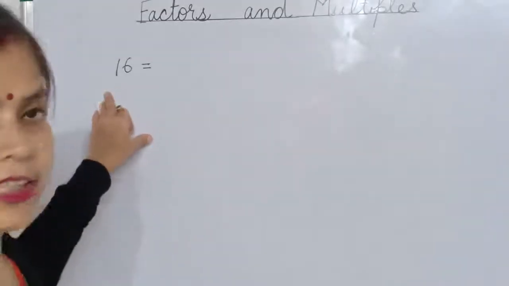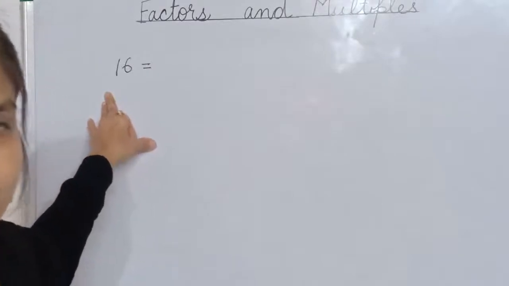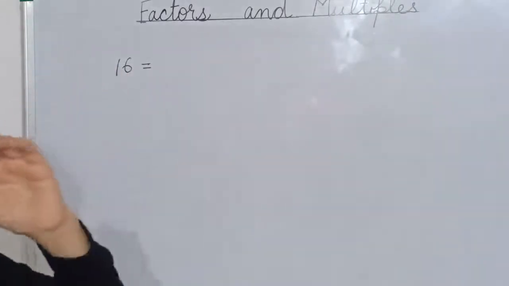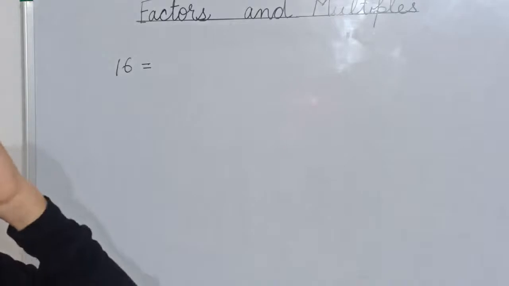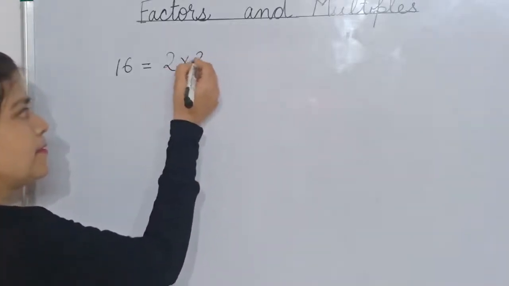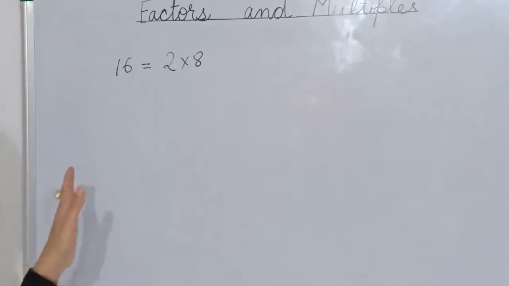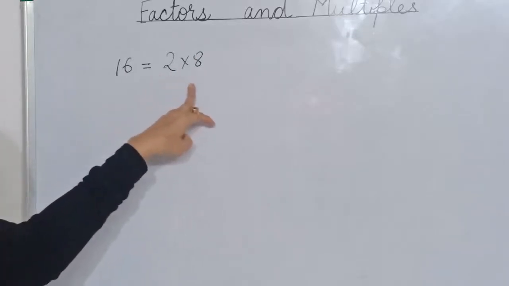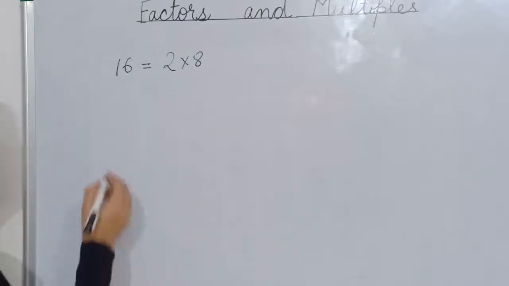First, we can divide by 2. When you divide 16 by 2, you get 8 as a quotient, means 2 into 8 is equal to 16. Is it true? 16 we can write as 2 into 8 now. We can write or not? Okay.